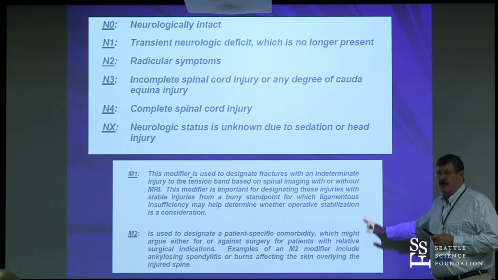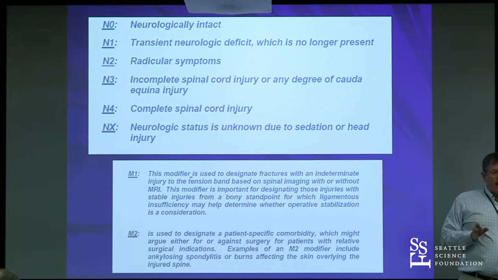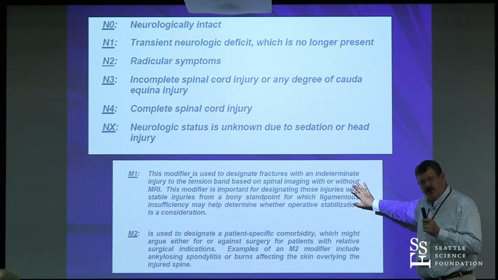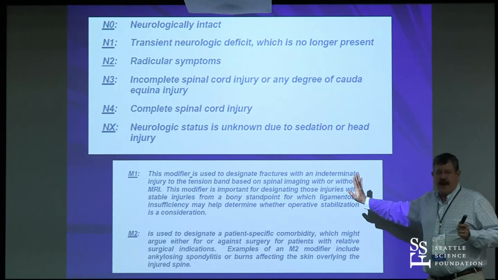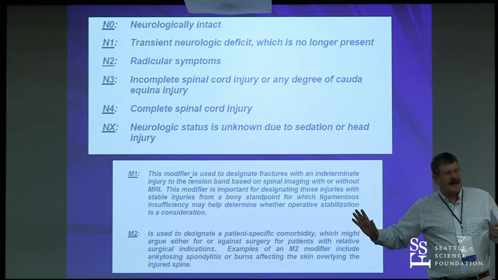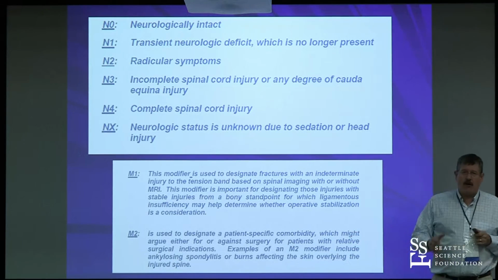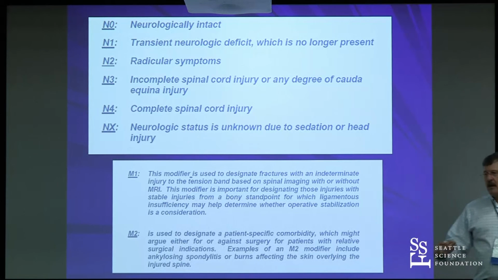Then lastly, they put in 2 modifiers. And the modifiers are things that might change our treatment. We all recognize that sometimes it's hard for us to really be sure about the posterior ligamentous complex, and so that gets an M1. So we still recognize that that exists, and we call it an M1. M2 meant there are other things going on that will alter our treatment outside of the fracture pattern itself.